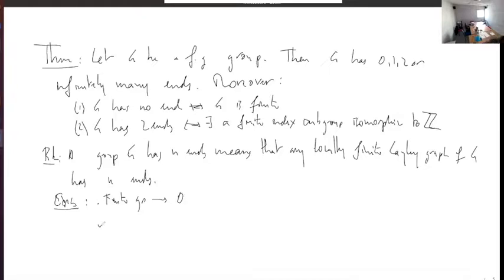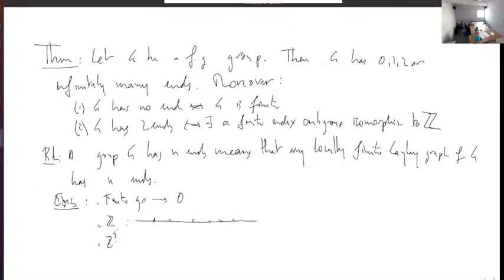In the case of Z, you have exactly 2 ends like the real line, because one of the Cayley graphs is just the line, and we saw that it had 2 ends.